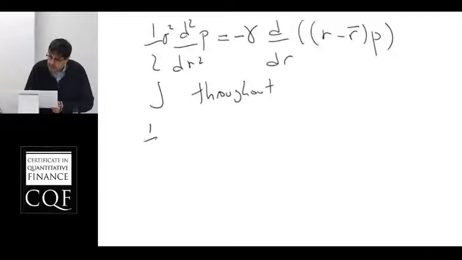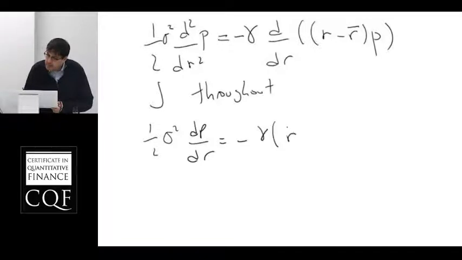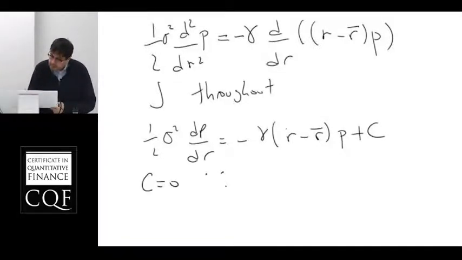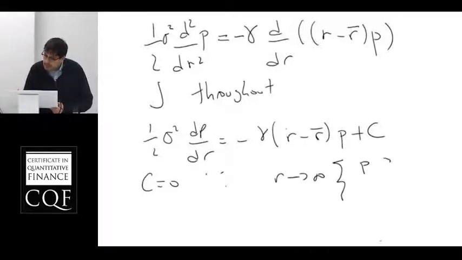The left-hand side becomes a half sigma squared dp by dr, which is equal to minus gamma r minus r bar p plus a constant c. C is equal to 0 because out in the tails we have p tends to 0, and so does dp by dr tend to 0.